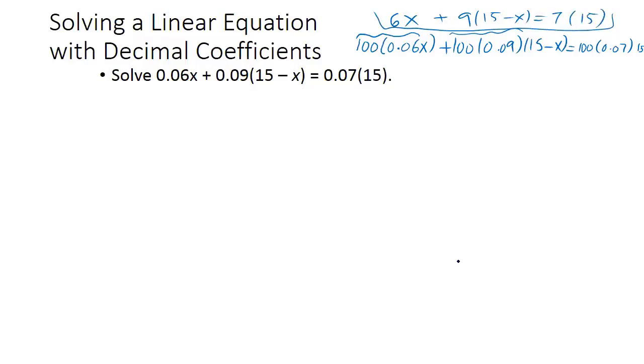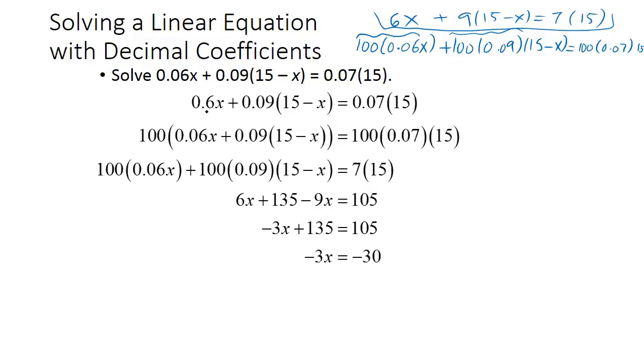Now, this equation here and this equation here are identical. Just one is easier to deal with because we don't have to worry about the decimals. So if you take a look at the steps, I multiply each term by 100. This is what I get so far. 6x plus, now I can distribute this. 9 times 15 is equal to what? 135. 9 times minus x is minus 9x.